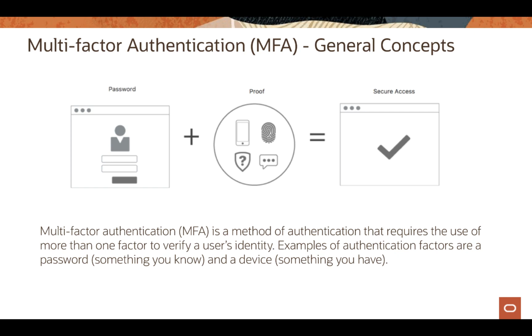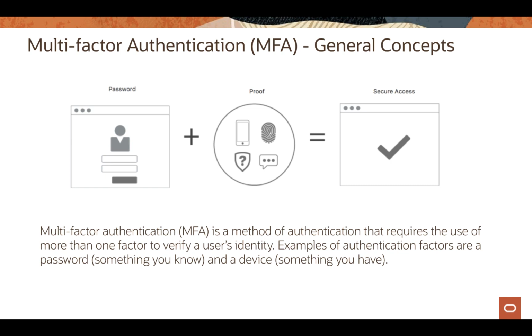In general, MFA may include two of the following components: something you know, like a password; something you have, like a device with an MFA app that generates a code; and another option is something that you are, like your fingerprint.